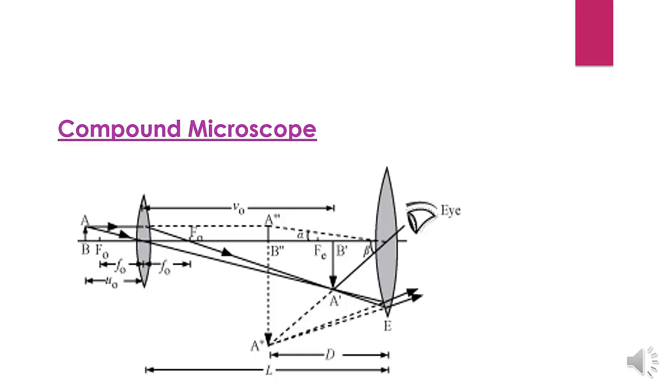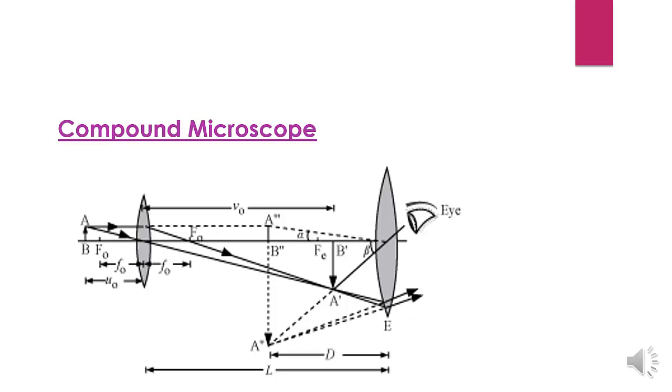The lens which is near the object is the objective lens, and the one near the eye is the eye lens. The aperture of the objective will be a little bit bigger than that of the eye lens. Clear? So this is about the compound microscope.